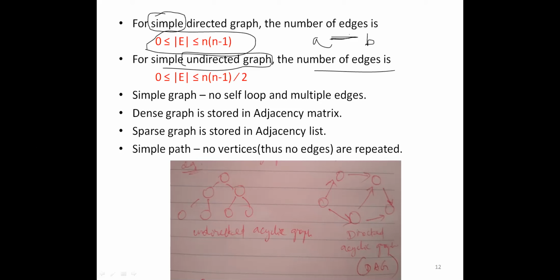I can represent it with a single edge, enough to show that A and B are connected, vice versa, A to B or B to A. If I want to write it in a directed fashion, I need two edges, right? I need two edges. That's why it is a little bit higher. I mean, twice the number of the undirected graph. So a directed graph requires twice the number of edges when compared to the undirected graph. Fine.